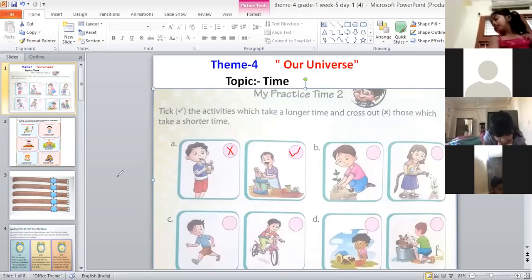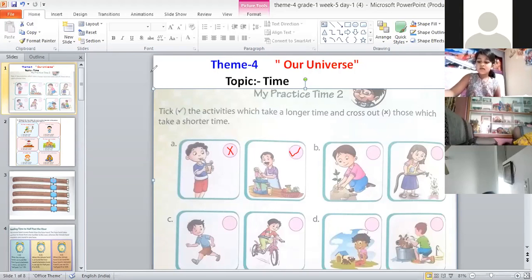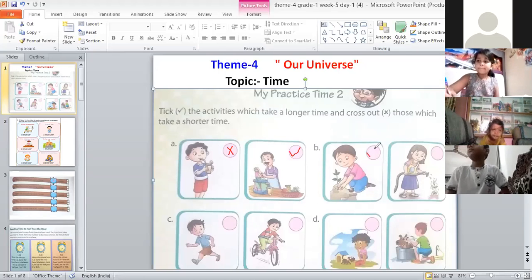Yeah, so that girl is watering the plant and boy is planting a plant. Okay, so which will take more time and which will take less time? Which activity will take more time, Ashwita? Planting plant, ma'am. Yes, if you are planting a plant or you are planting a tree, it will take more time. So we will put a tick here, and watering the plant will take less time. So we will cross out the second picture. Okay.